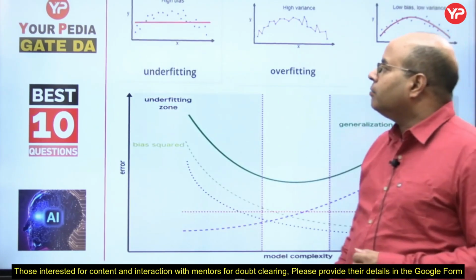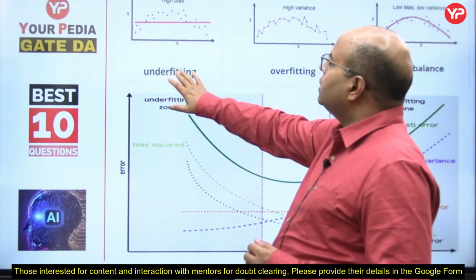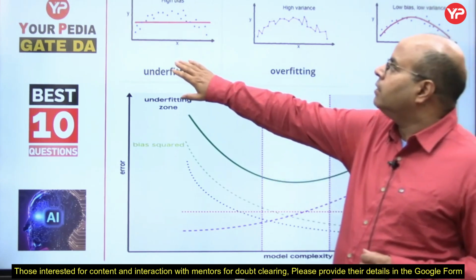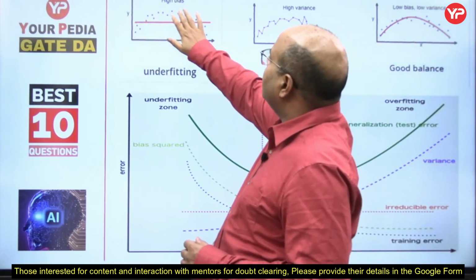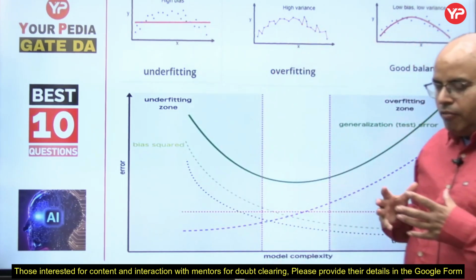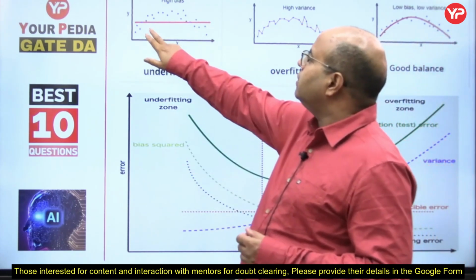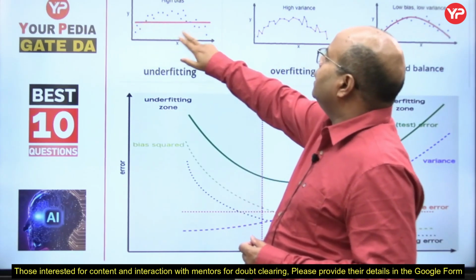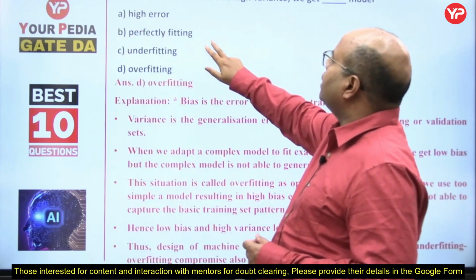Like you see here, this is the underfitting situation. You have got some data, and the data was distributed like this. Now you are applying a very simple model, that is a linear model. So this line is not fitting. We want it like this.